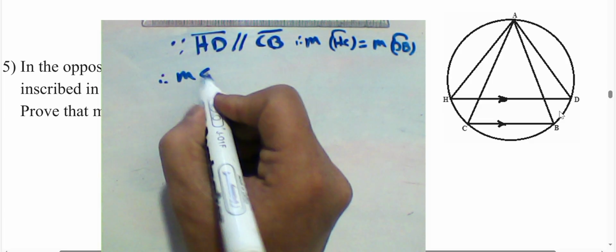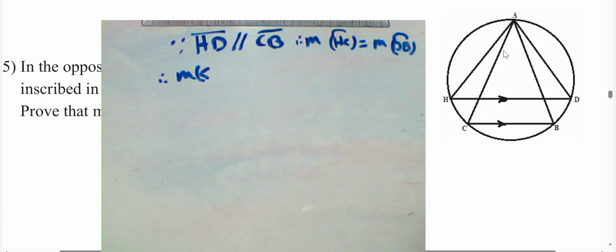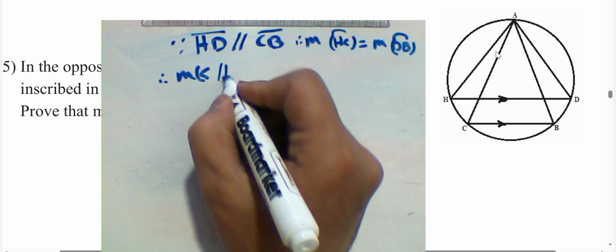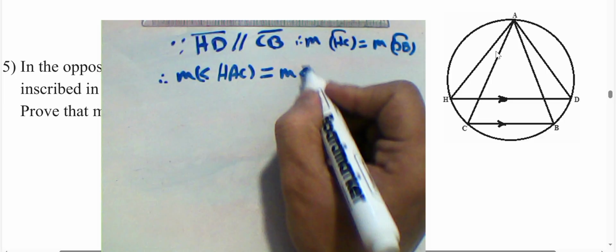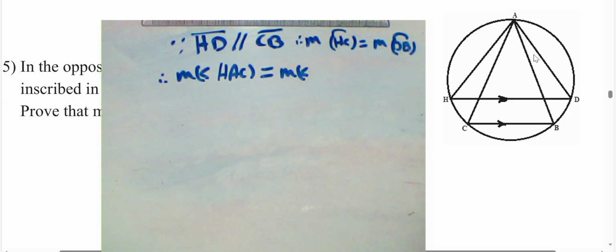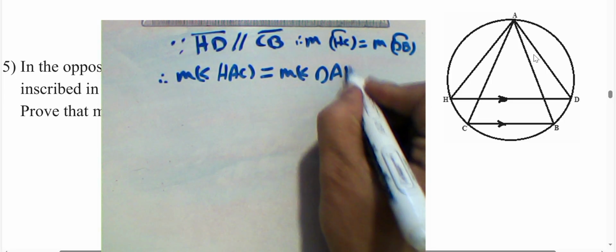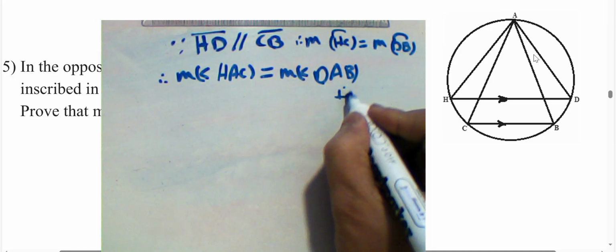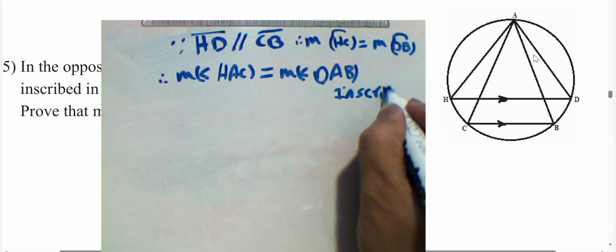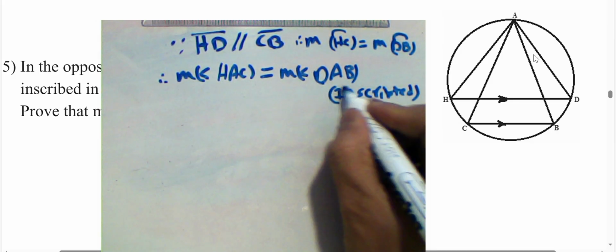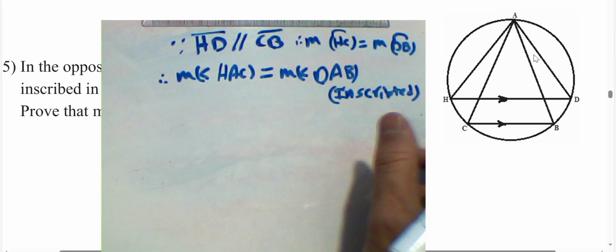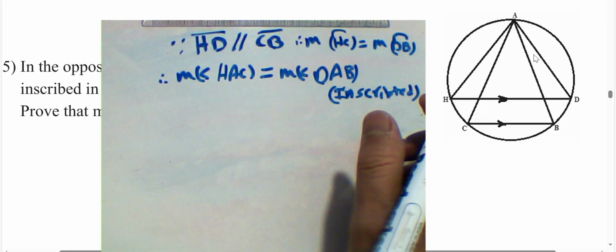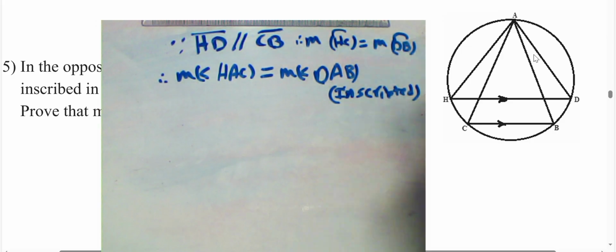Then the measure of angle HEC equals the measure of angle DAB, inscribed angles. We call them what? Inscribed angles drawn in the same arc are equivalent. The measure of angle HEC equals the measure of angle DAB.